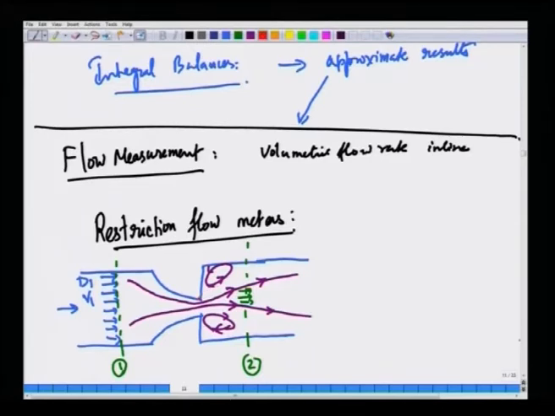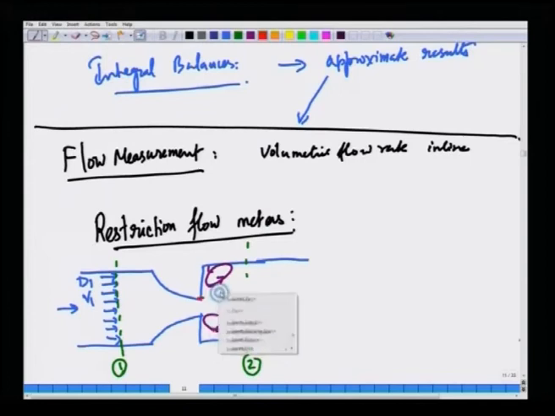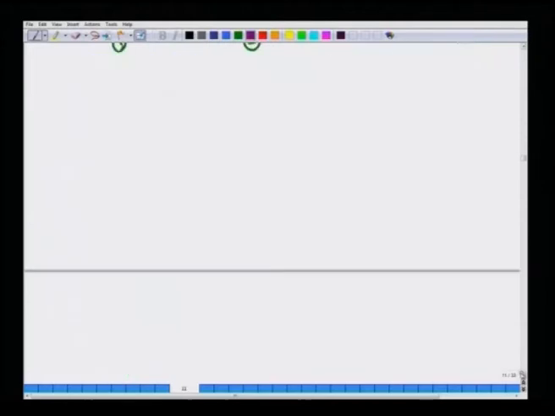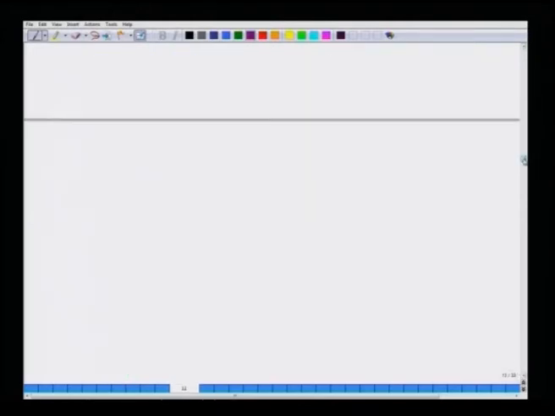So, you may have a streamline like this. Then you can draw the flow velocity. So, this is 2, where the cross section through which fluid is uniformly flowing is roughly a constant. Eventually it diverges and approaches the tube diameter itself.